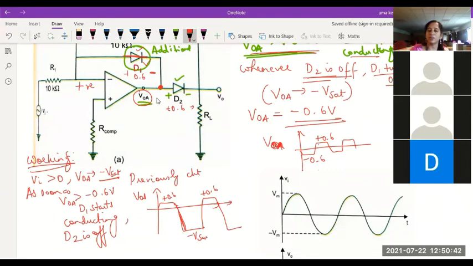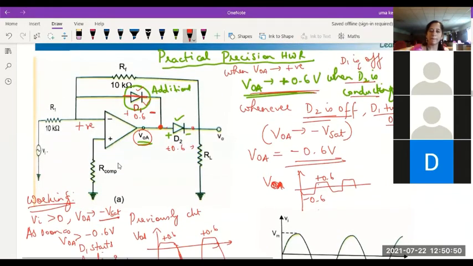It will become a short circuit and this diode will be an open circuit. So can you tell me what will happen to the output voltage now? This is shorted, this is open. So will I have any current in this output circuit? Since there is an open circuit here, no connection here means the output voltage will be 0.